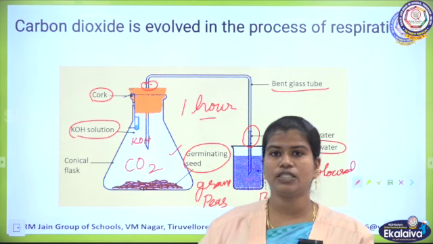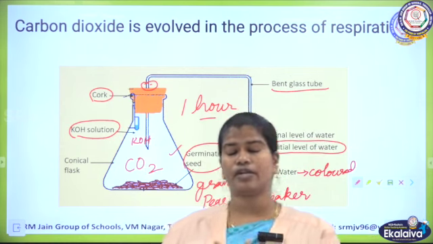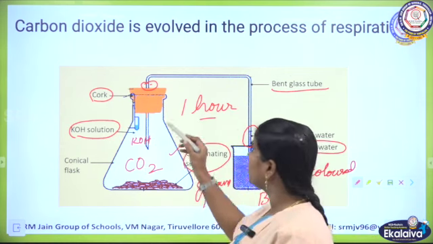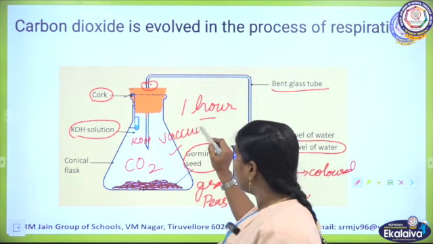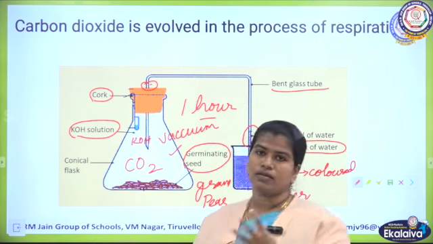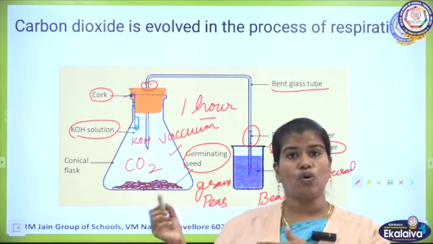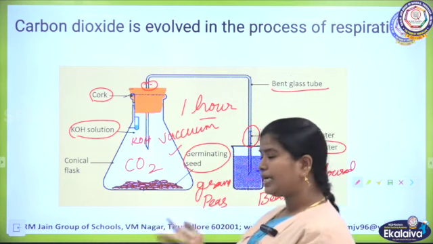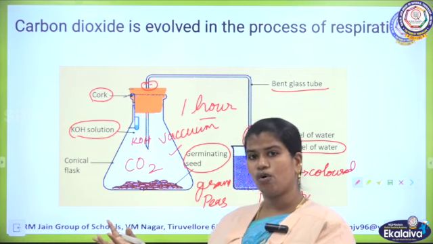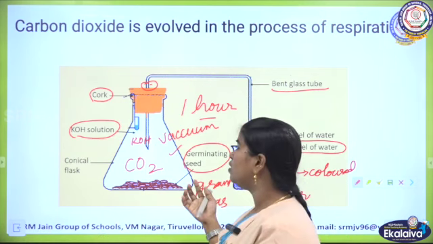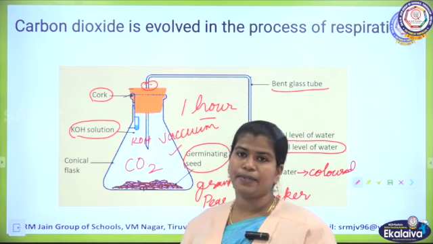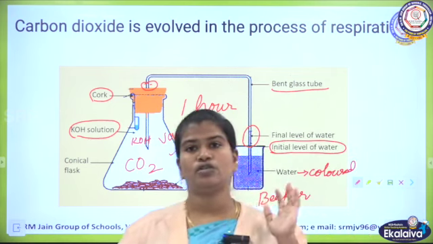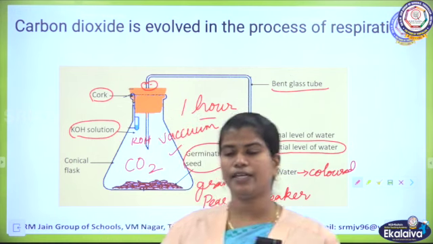Once it absorbs the carbon dioxide, there will be a vacuum. Vacuum will be created over the conical flask. Once the vacuum is created in the conical flask, it makes the water rise in level. So that is the reason in this activity.